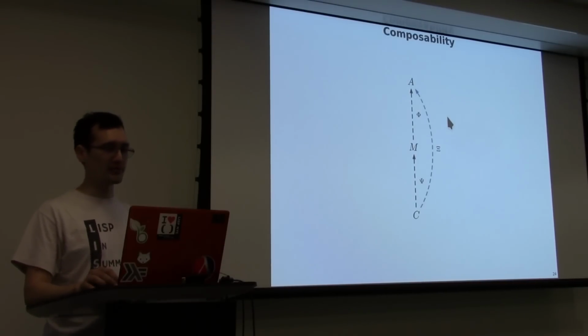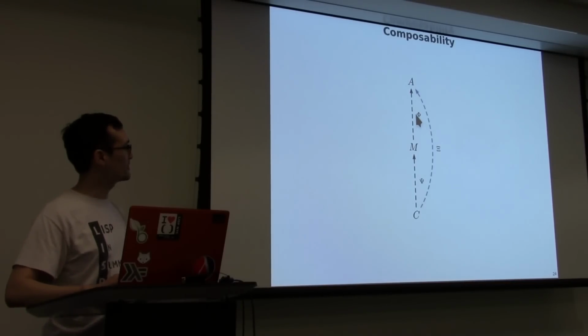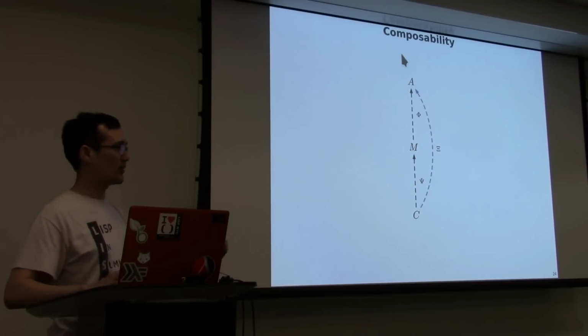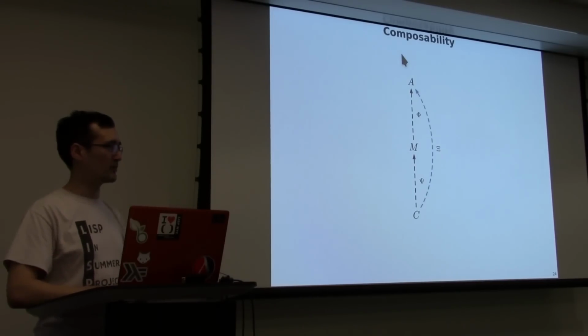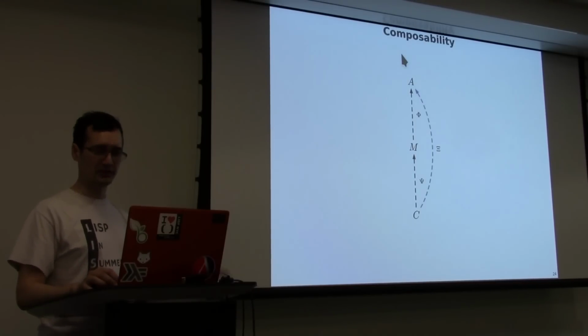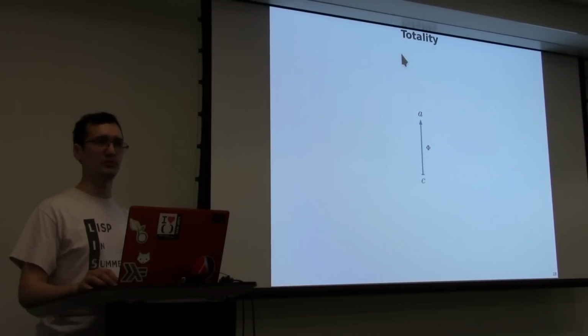Okay, so composability. Composability is the fact that when you have an implementation phi and an implementation psi, and an intermediate system M between A and C, you can compose them, and hopefully all of the previous properties will be preserved. Actually, not all of them are. I think weak liveness is composable, but strong liveness, completeness, totality are composable.